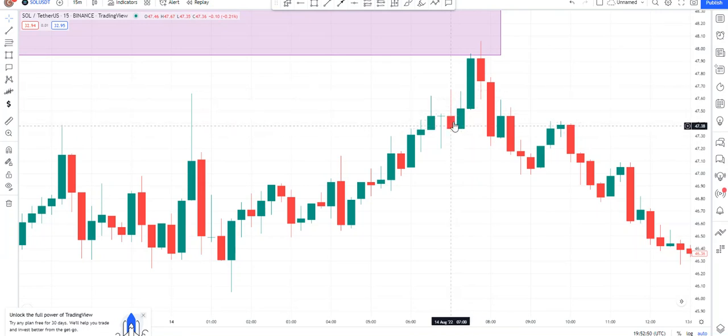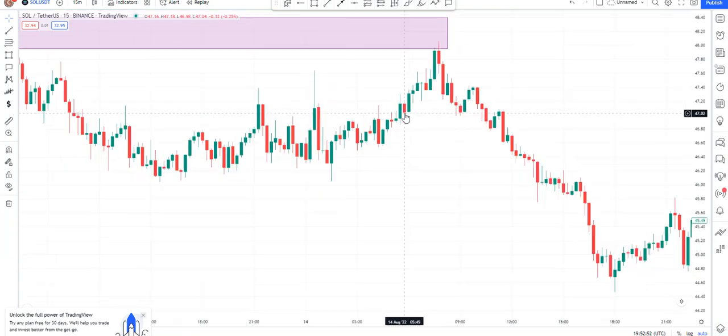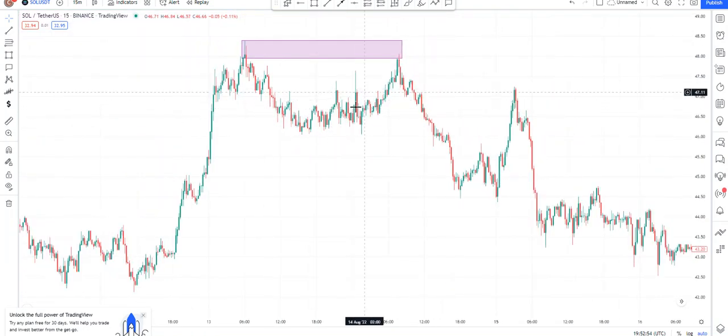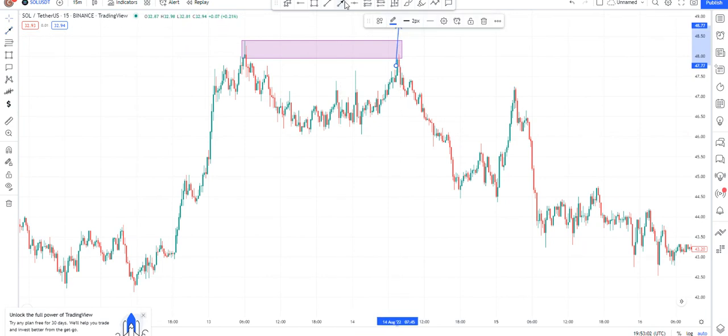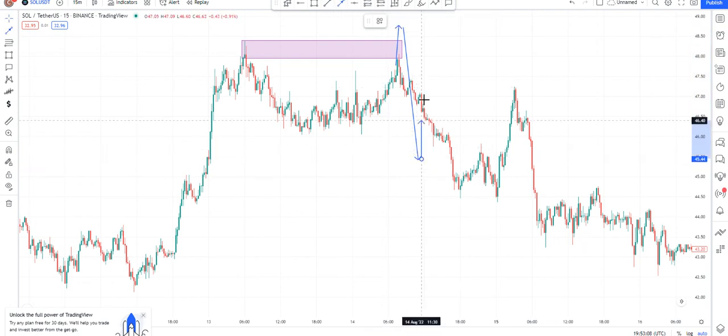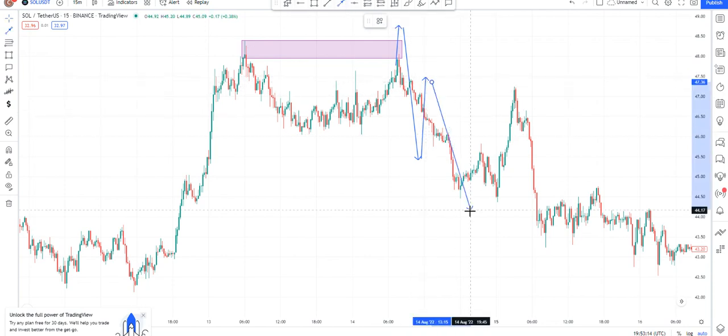It's called a mitigation block. In the case of a breaker block, the trend would go above that high, then come down, and then use the breaker block as an area of resistance to continue going lower.